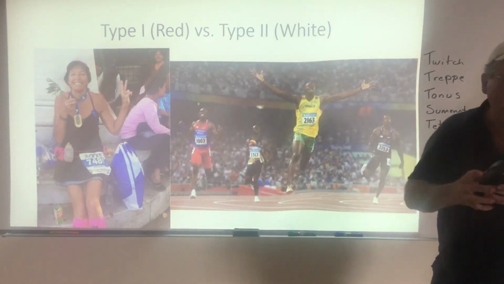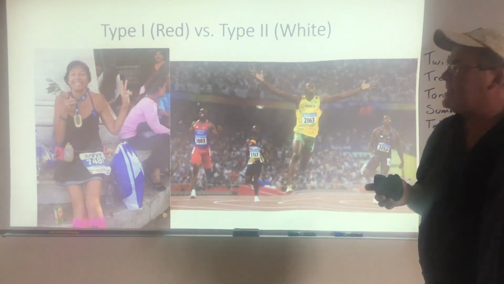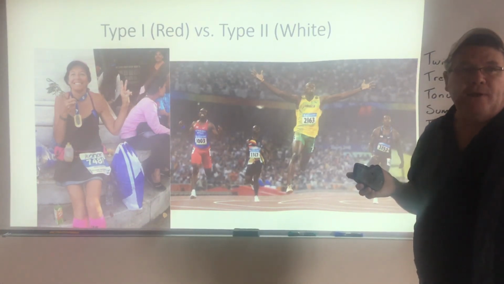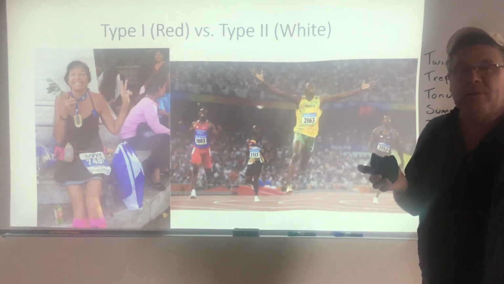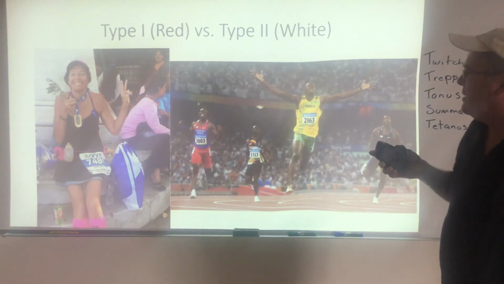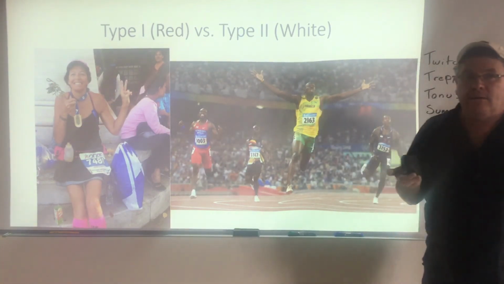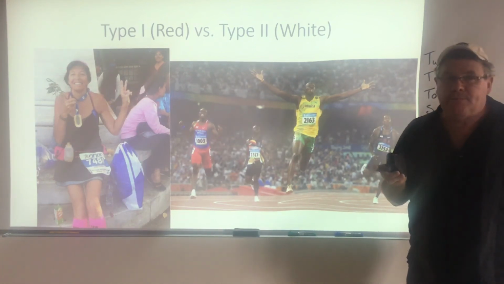If we go to type 1, Eddy Merckx, probably the best long distance cyclist that has ever been out there. Same thing. So we can compare these, whether it's running, or playing sports, hockey, basketball, football, it doesn't matter. Most of us have a mix of type 1s and type 2s.